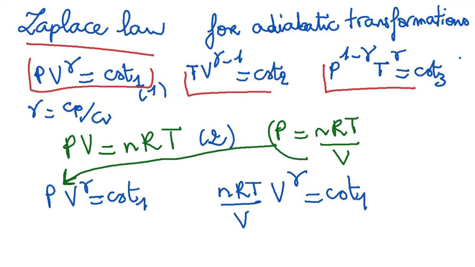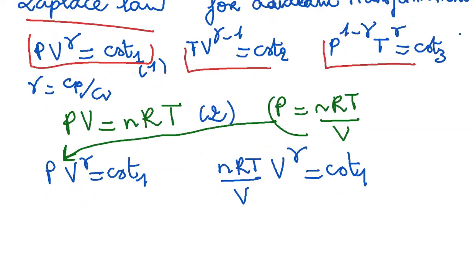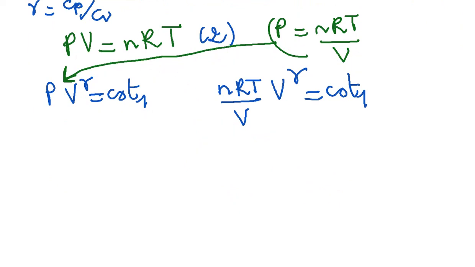Okay, so now I'm going to gather the powers of V. A small reminder about a mathematical law that I'm going to use: when you have 1 over A, it means A power minus 1.